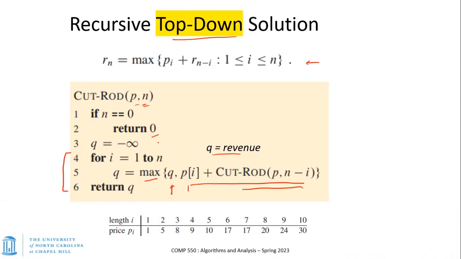Then we look at an uncut rod of size 2 and do a recursion on that. Every time, we look at the previous best revenue we've gotten, and if we get a better revenue, we set the best revenue to be the maximum of these two. So that is a top-down solution.